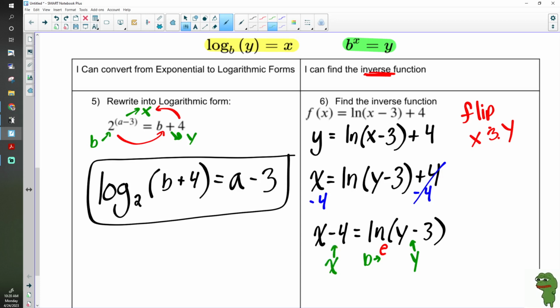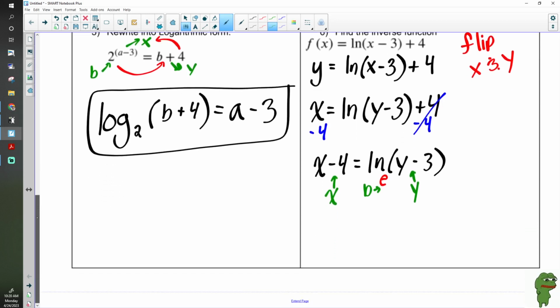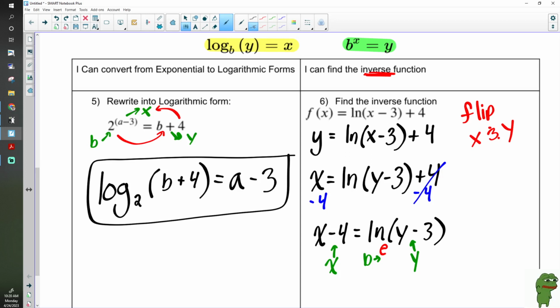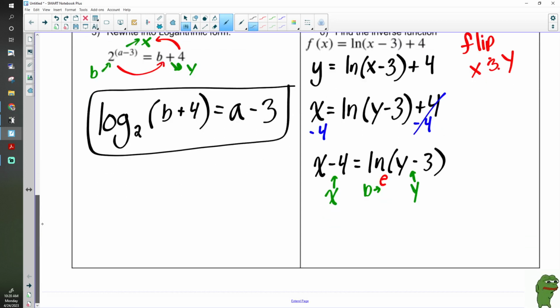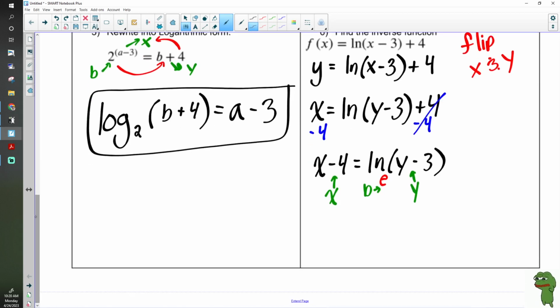Okay, and now all we're going to do is put our b, x, and y in the proper spots. Yeah, question. Yeah, because this one is an inverse. It's just, this one's just a little more work, a couple more steps.